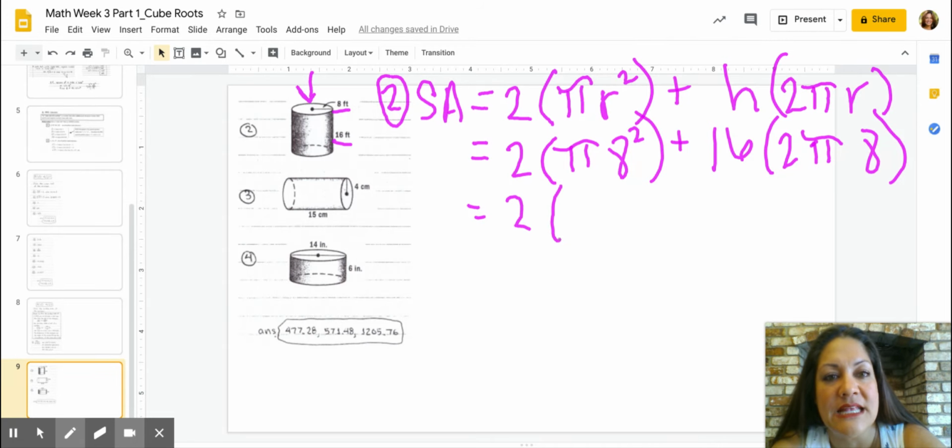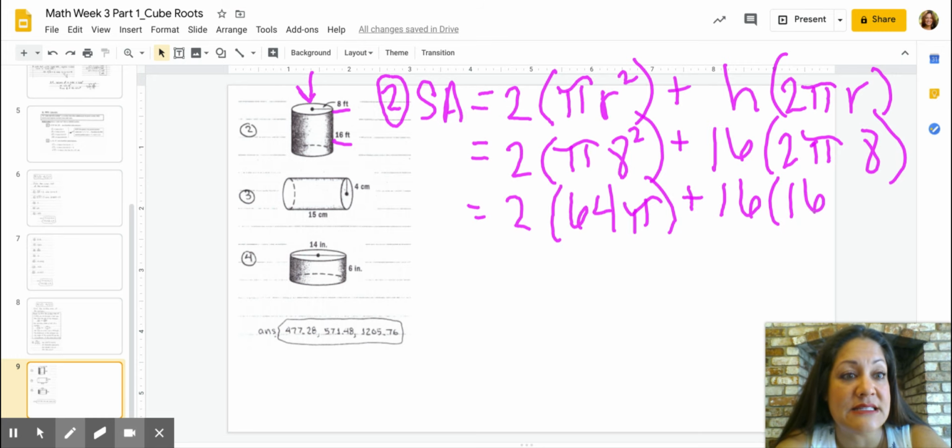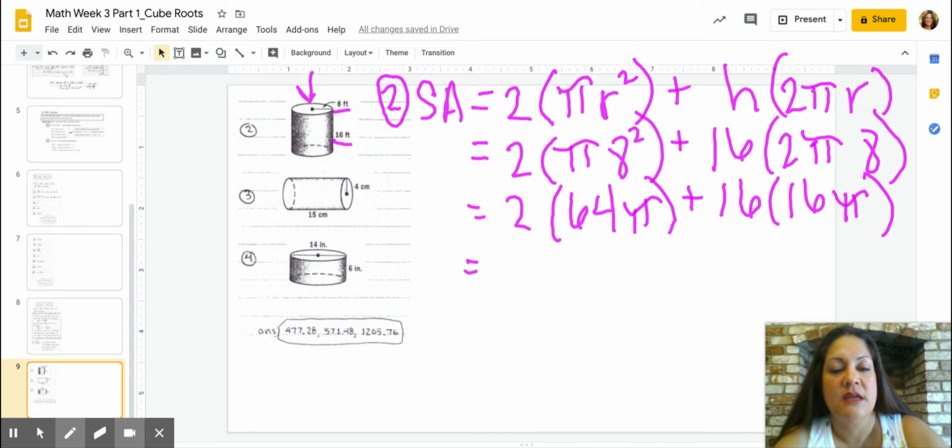2 times 8 squared is 64 pi, plus 16 times 2 times 8 is 16 pi. So now, here's my calculator. I'm going to have 2 times 64, which is 128.